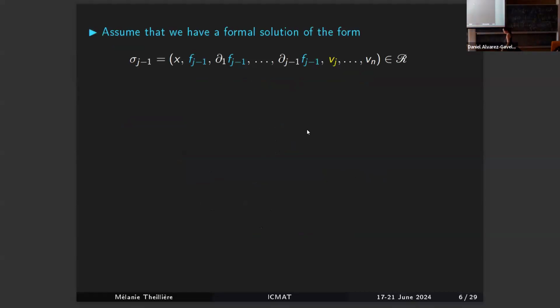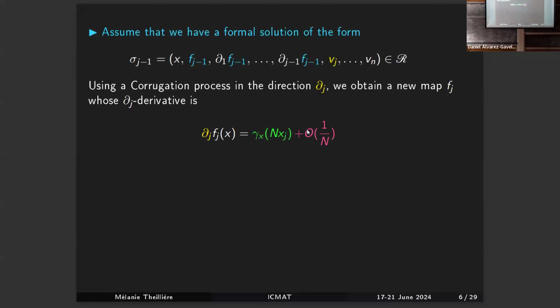So now we assume that we have a formal solution, given by a map f_{j-1} and j minus 1 partial derivatives plus some vector fields v_j until v_n. And this is a formal solution of our relation.